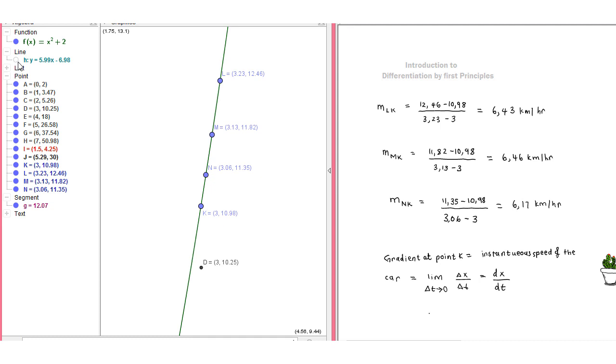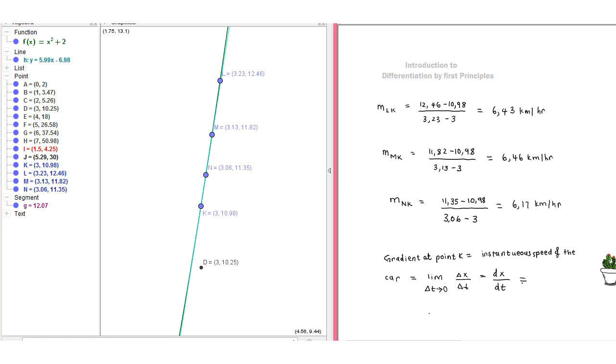If I draw a tangent line to the point K, it appears on screen in a very light blue color. It looks almost like the curve, namely because we are so zoomed into the curve.